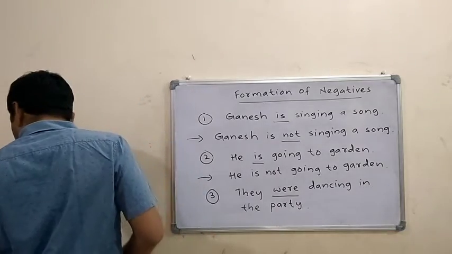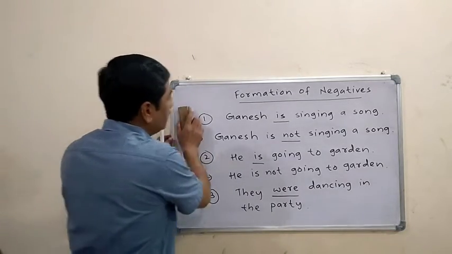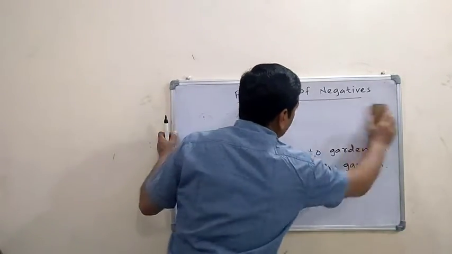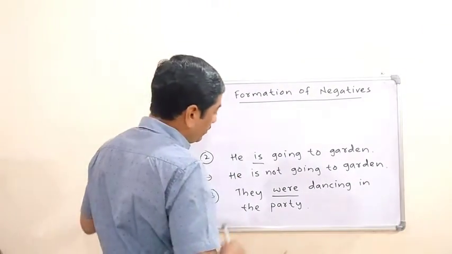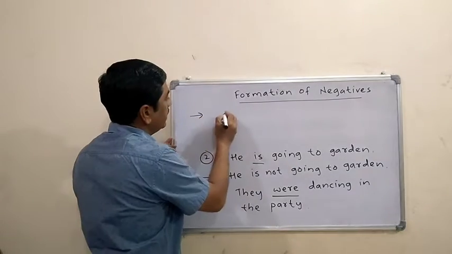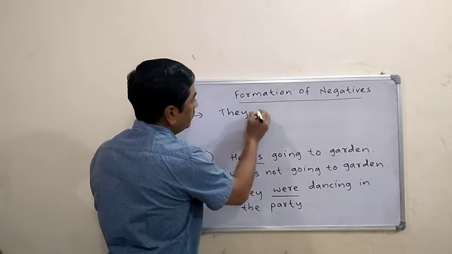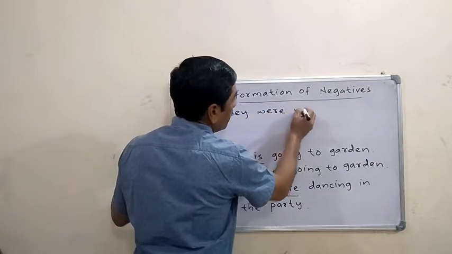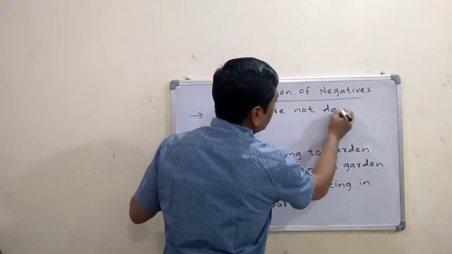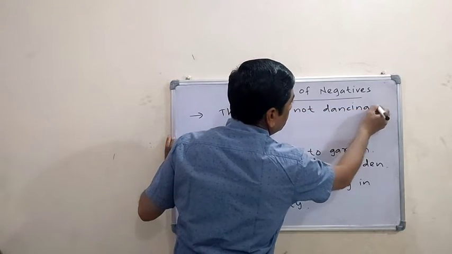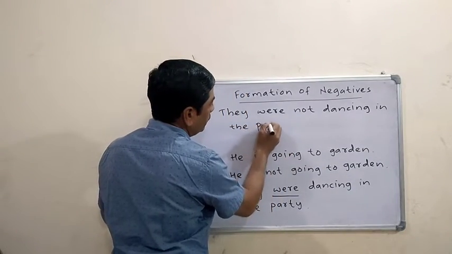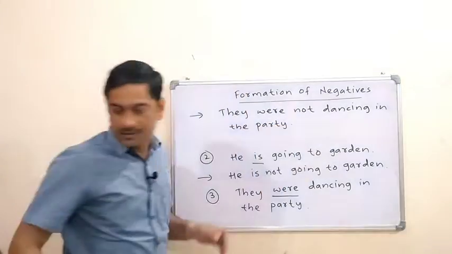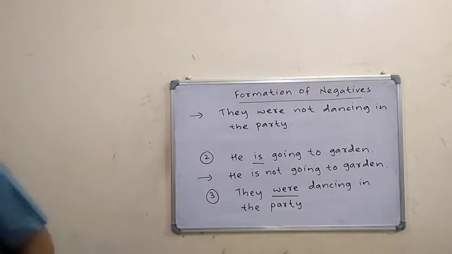So how will you change it into negative? By adding not after were. They were not dancing in the party. So this is the answer. They were not dancing in the party. We will study a few more sentences.